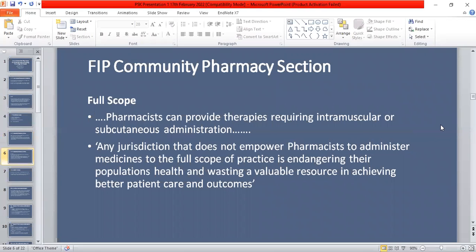Still under that FIP Community Pharmacy section, it further elaborates the full scope. And part of that full scope description says that pharmacies can provide therapies requiring intramuscular or subcutaneous administration. So that's very, very important.